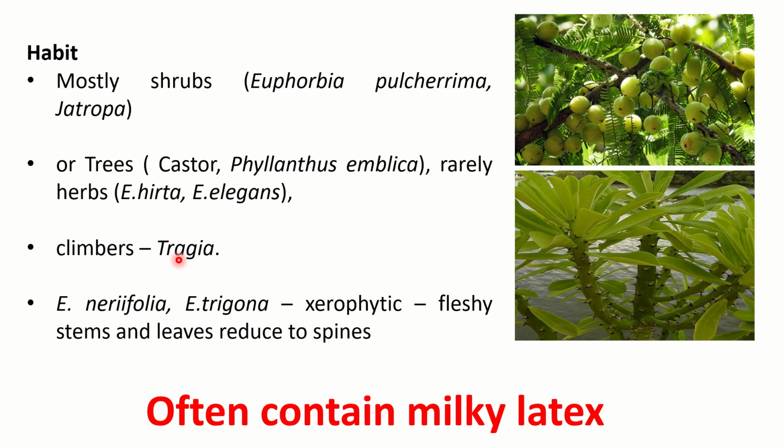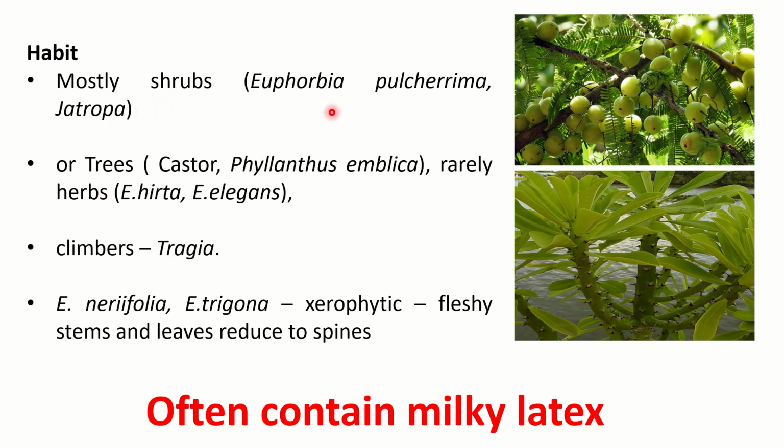Now let's come to the habit of this plant. These are either annual or perennial herbs, shrubs or trees, as I've said, and most of them are xerophytic in nature. That means they are adapted to grow well in arid or dry regions. These are mostly shrubs.